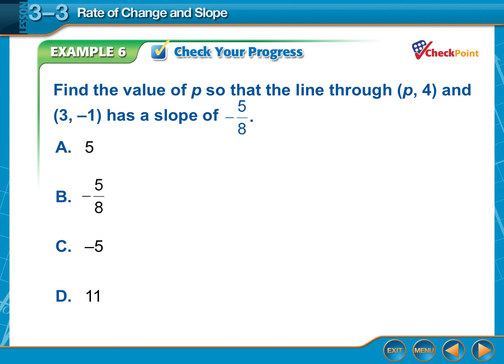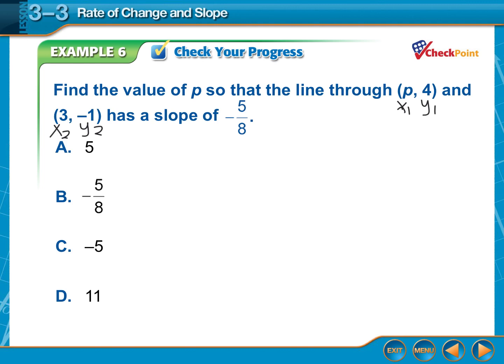Okay, here we're going to be given 2 coordinates, but we're also going to be given the slope. So, still start everything off by labeling. P4, that is my x1, y1. This is my x2, y2. What does it say my negative 5 over 8 is?